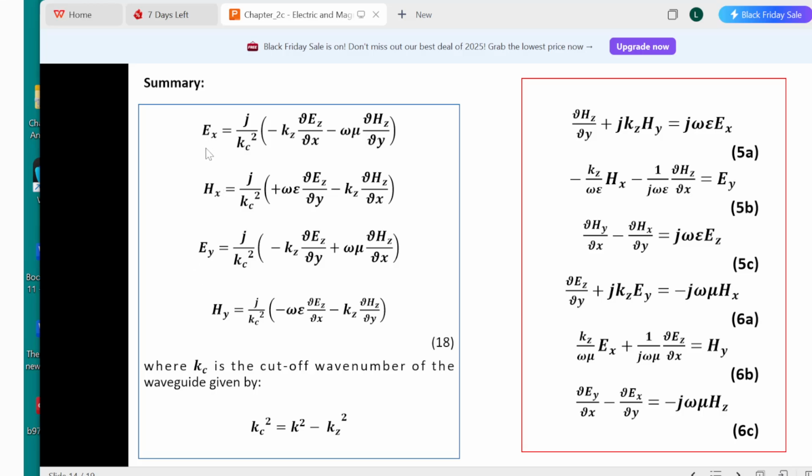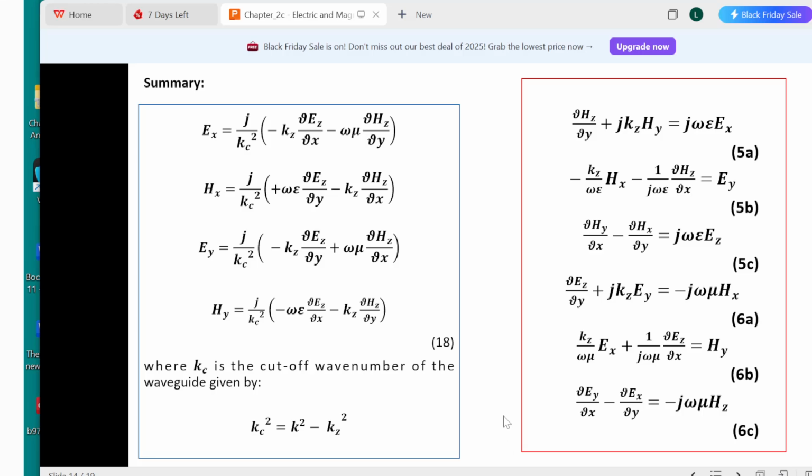And these transverse field components will be expressed in terms of the longitudinal field components. And all these components are based on equation 5 and equation 6. They are derived from equation 5 and equation 6.